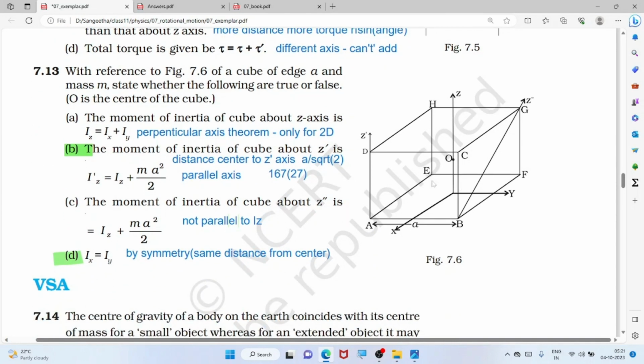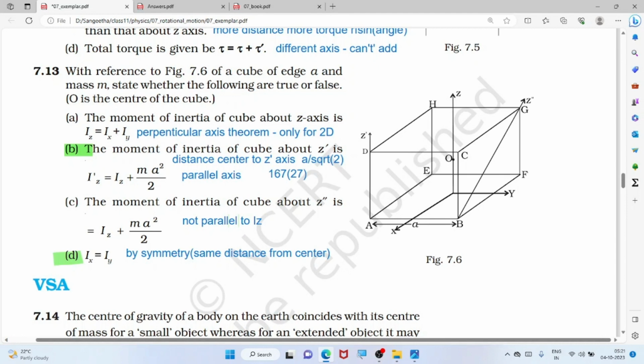With reference to this, whether the following is true or false. The moment of inertia of the cube about the z-axis is this. As I already told you, this theorem is not applicable for this 3D object. The perpendicular axis theorem is only for 2D, not applicable for 3D. So this is false.